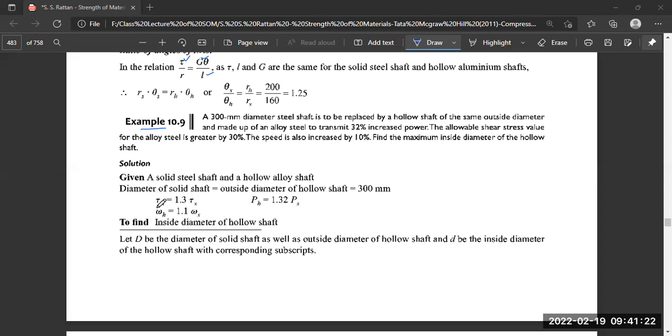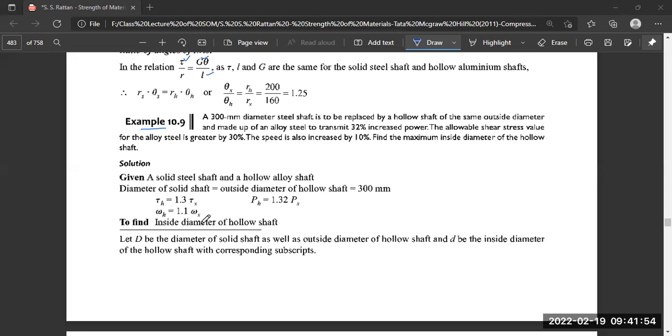So its allowable shear stress is 1.3 times that of the solid mild steel shaft. The power transmitted by the hollow alloy steel shaft is 32% more than the power transmitted by the solid mild steel shaft, so the relation between these two powers is P_H equal to 1.32 P_S, means power transmitted by the hollow alloy steel shaft is 1.32 times that of the solid steel shaft.